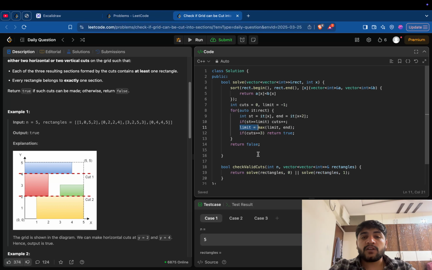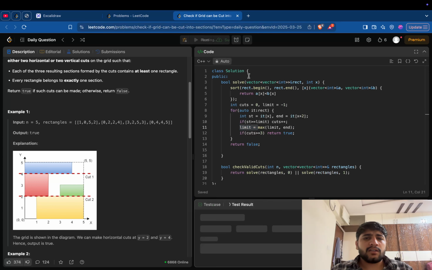We are trying to divide the sections with at least one rectangle in them, and then setting a limit for the next section: the minimum limit should be at least the end of the previous section, because the sections should be consecutive. It's not like one section, then we leave some space and then the second section starts. They should be consecutive, so the limit must be at least the end of the previous rectangle. Along both the axes we check, and I think that's how we do this. It should be fine.